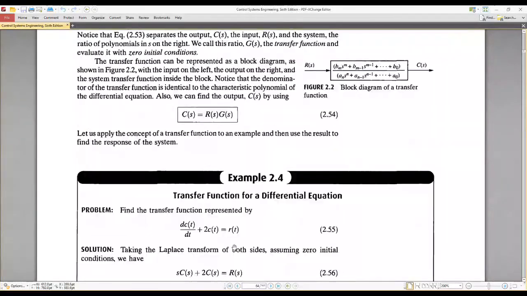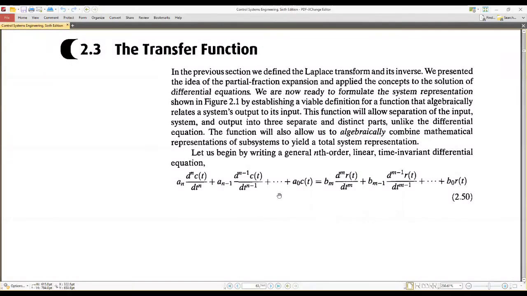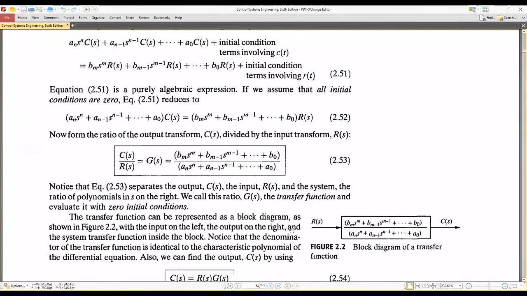See here at the definition, transfer function is actually output by input. That means if we look at the block diagram, that is your input R(s) in the frequency domain, and that is the output.